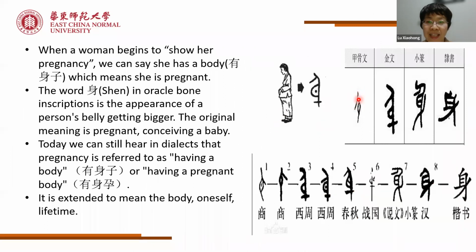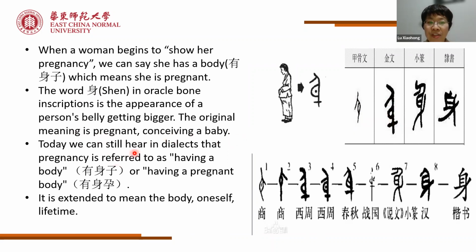Now, here is the word 身, with a belly getting bigger. And this is in bronze inscription. Also you can see the bigger belly here. So the original meaning of this 身 is pregnant, conceiving a baby.